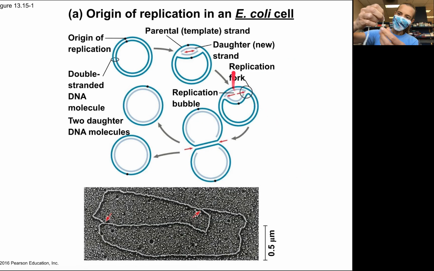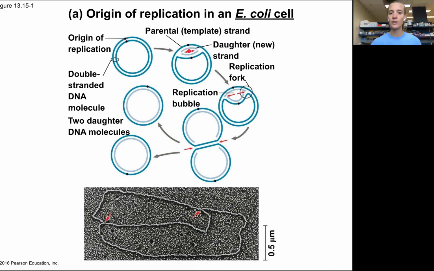So here we have a depiction of what happens in E. coli. Escherichia coli is a bacterium. Bacteria have circular closed DNA genomes. And so pretty much what happens is that you're going to have an origin of replication, which is a specific sequence in the genome, and that will suggest that the DNA has to be opened up at that location.